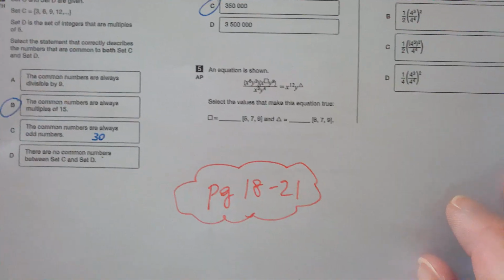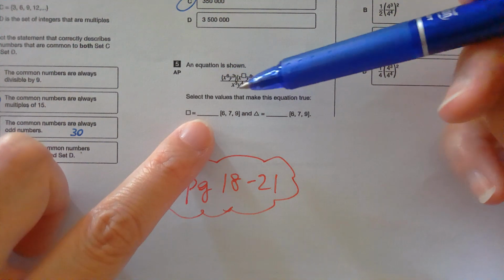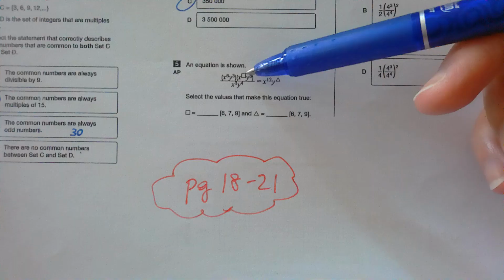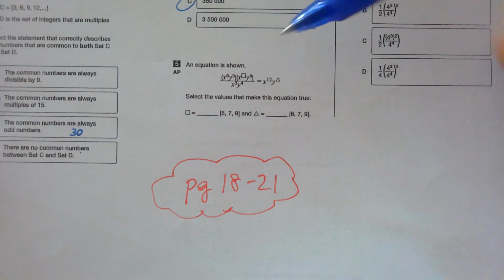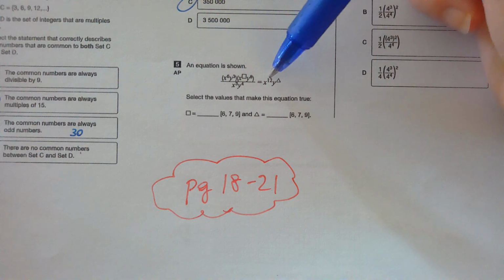Okay. Number 5. Hannah, did you get number 5? Select the value that makes this equation true. So what would go in here? The square box. So 6 plus something minus 3 would give you 12.